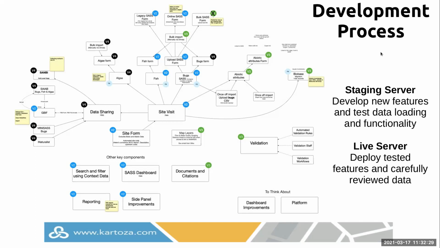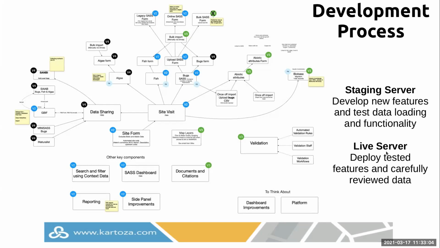And when we built the system, we developed it on 2 servers. The one is a staging server, which you can think of like a sandbox where you can go and play around and break stuff. Both the developer can break things, and also the biologists can upload dodgy data or try stuff out without worrying about what the impact might be on the users or on corrupting something in the database. Once things have been tested on that staging environment, then we deploy them onto a live server.